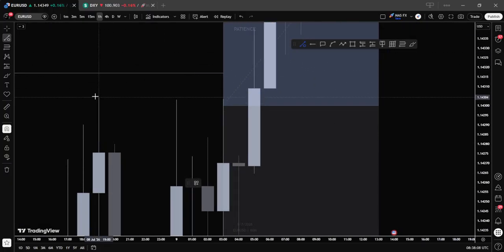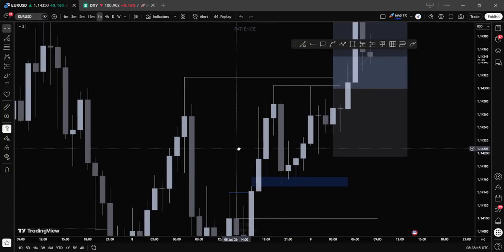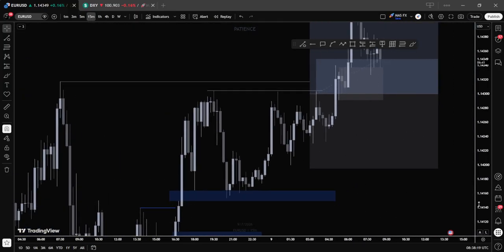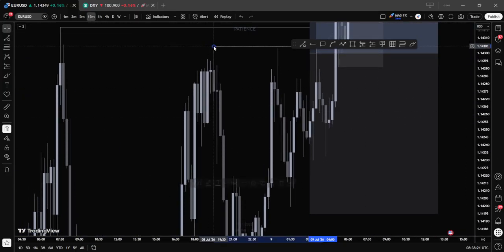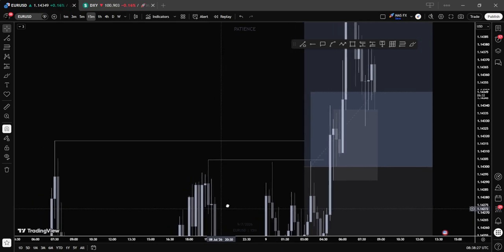We had a break of structure over here. Wow, my broker feed actually changed. Okay, let's see. Price never took out that high. I thought it took out the high, so I actually entered the trade.